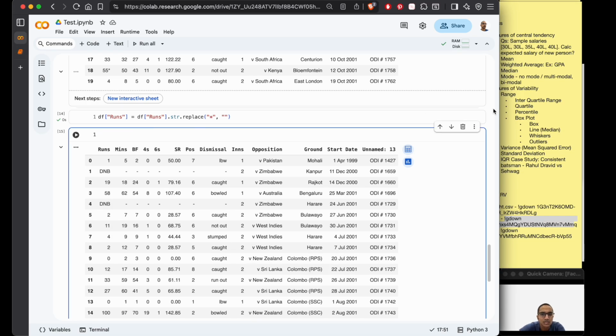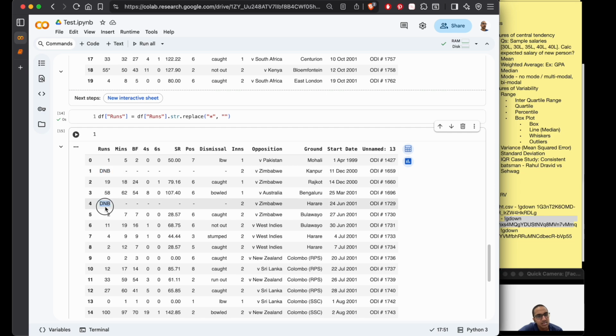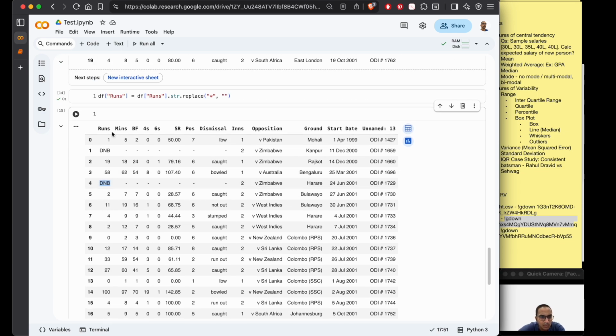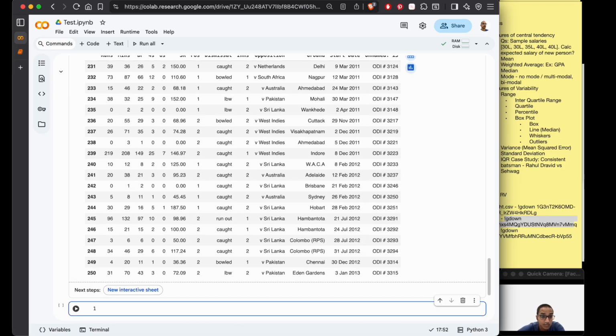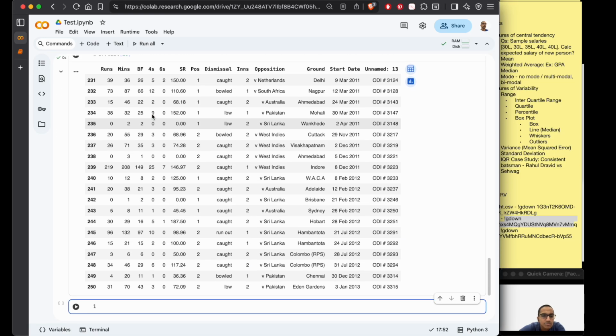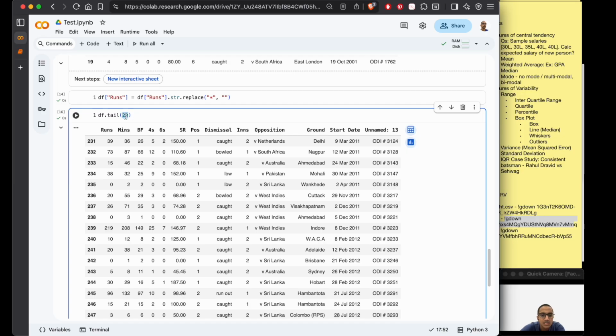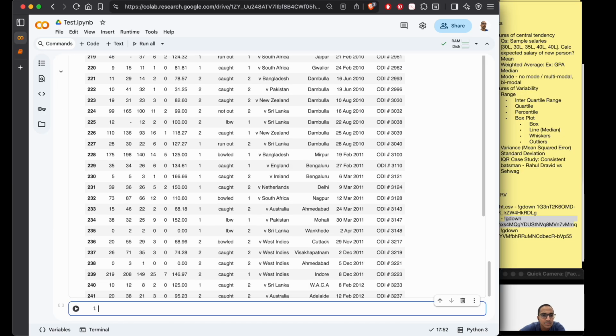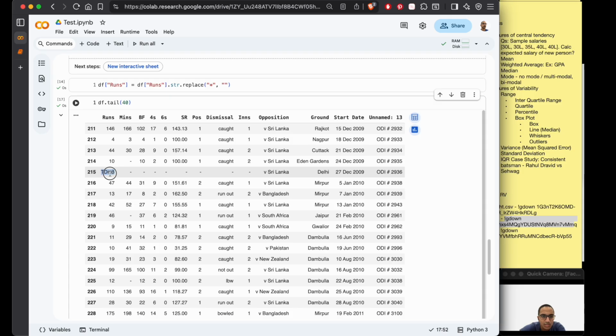Now what we want to do is get rid of all the D and B values. I already looked at this dataset, so I know there is another string value which is not desirable. In fact, there is something called TD and B as well.